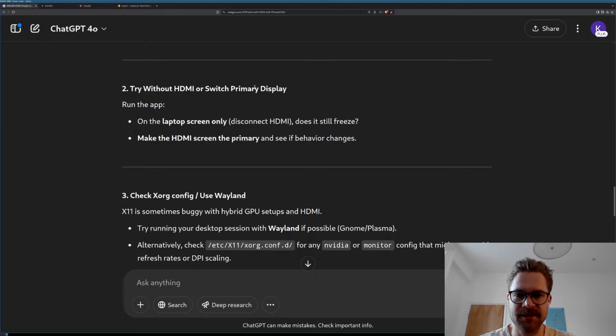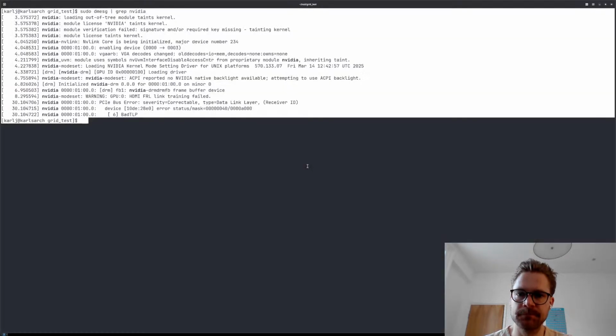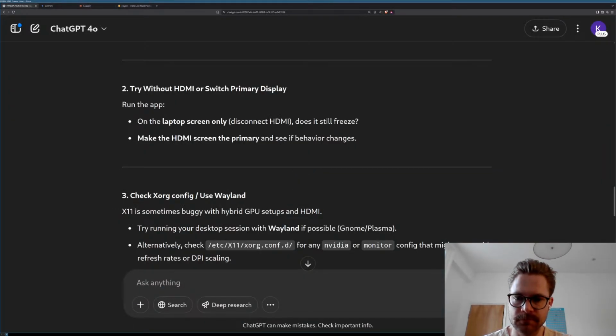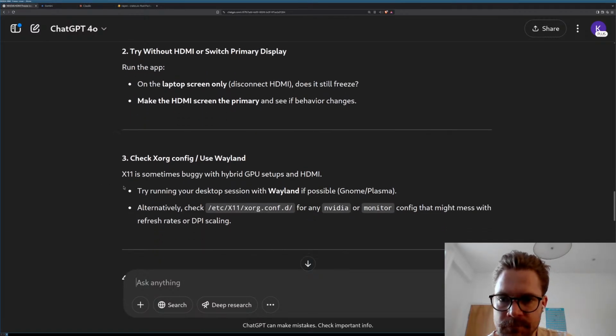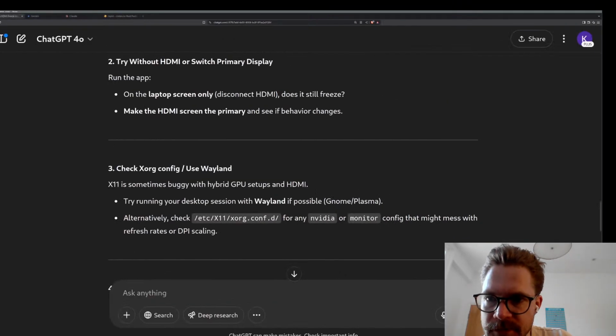Huh, interesting thing is this thing still lives as a separate screen, even though I'm not even connected now. Okay, that obviously doesn't work. Hmm.